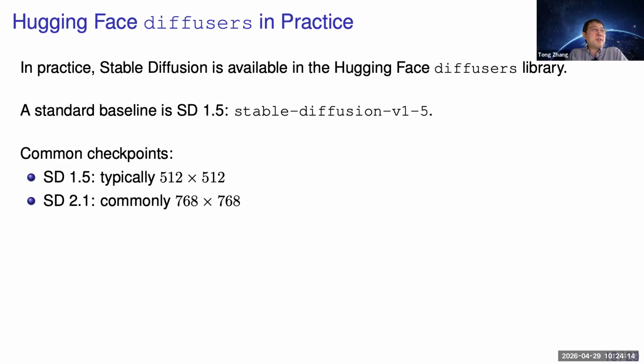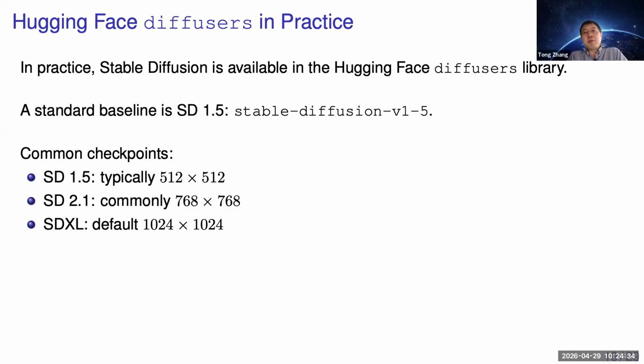The later versions have larger resolutions, 768, even larger, 1024. SDXL is the largest here and has very good quality at 1024.